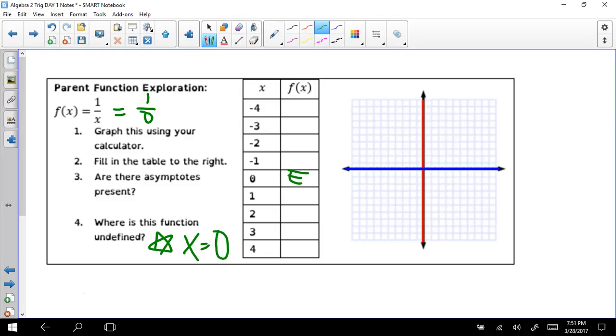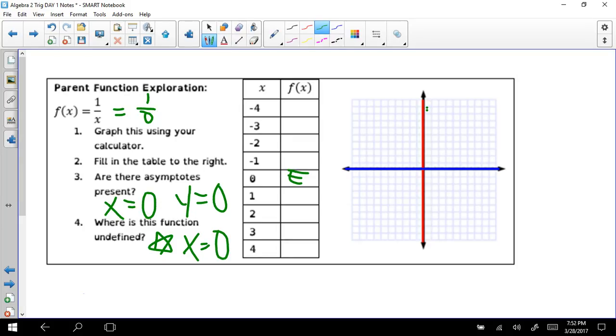In this case, you have a vertical asymptote. That's this red line right here. That's going to be the equation x equals 0 for your vertical asymptote. And then you also have a horizontal asymptote at y equals 0. So remember, those are the lines that those curves approach. They never touch it, so they're never going to actually be x equals 0 or y equals 0.